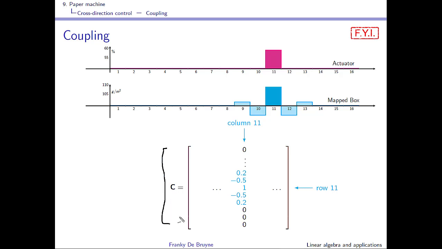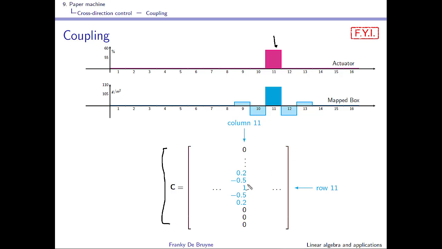The interpretation is as follows. If I increase the opening of actuator 11 by 10%, I see an increase of 10 grams per square meter in the corresponding mapped box 11. So this gives me a gain of 1 gram per square meter per percentage increase.